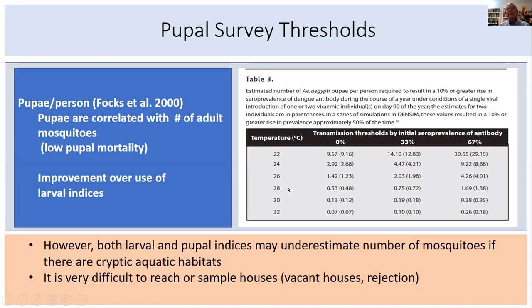And what we can see in this table is that the number of mosquitoes required to cause transmission decreases with an increase in temperature. And the number of mosquitoes that are required to cause transmission also changes with the herd immunity. So if you have lots of people who are already immune, you need many more Aedes aegypti to cause an outbreak.